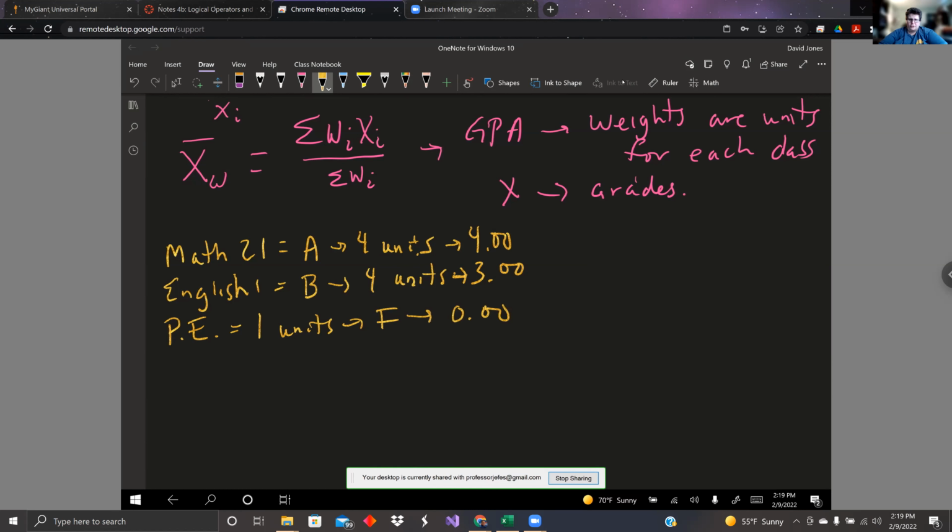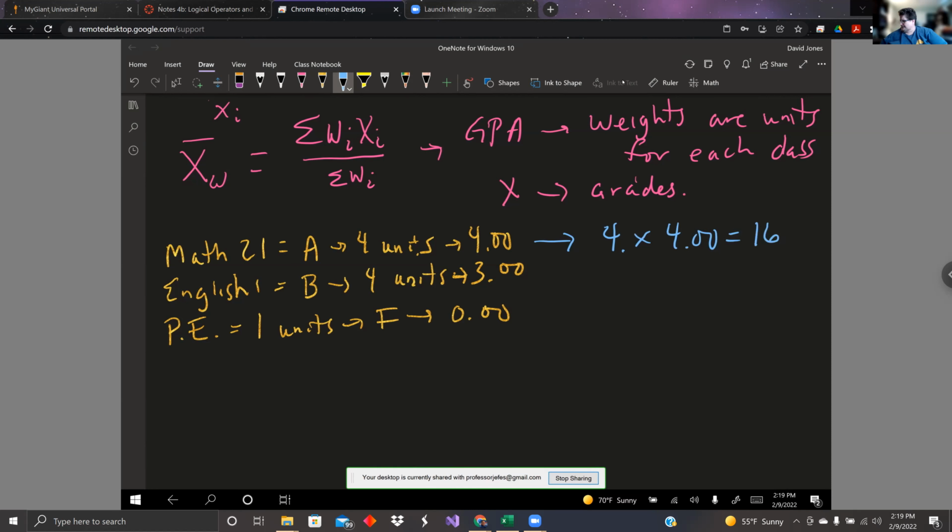The way you calculate your GPA, let's say this is just your first semester and this is what you get. That's clearly not enough units for full time, but the point is to see how the weighted mean works. So for the A, for the Math 21, we have 4 units times 4.0 GPA.